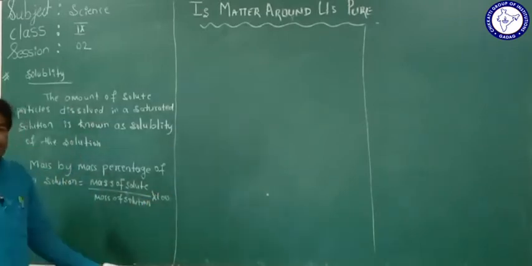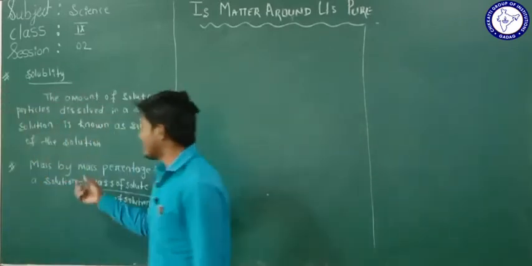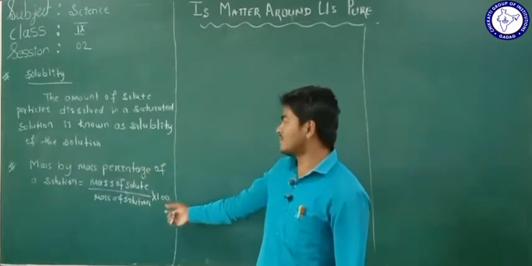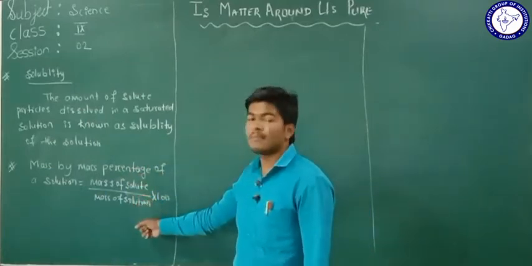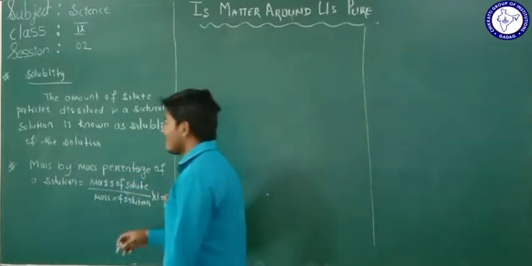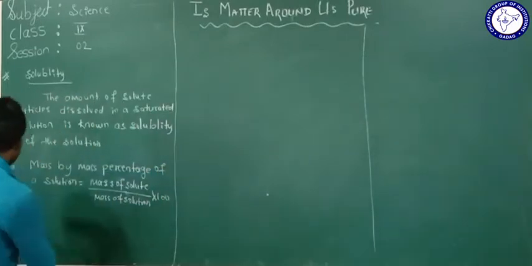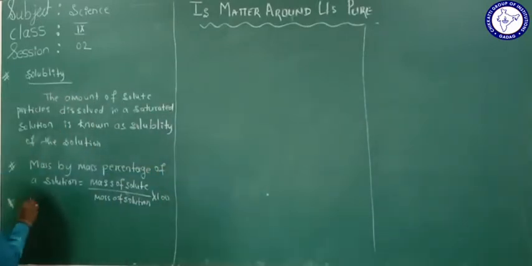By using this formula, we are going to calculate the concentration of the solution in terms of mass and mass. And another way we are going to use here is mass by volume.